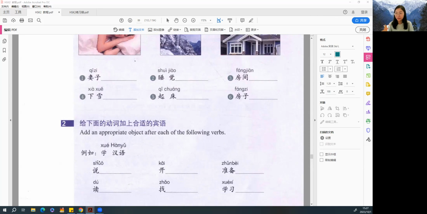So here we can say 说话, to speak, the one who is speaking over there. 说话. 开车, very good, 开车, drive a car, or 开门, right, 开门, this is open the door.